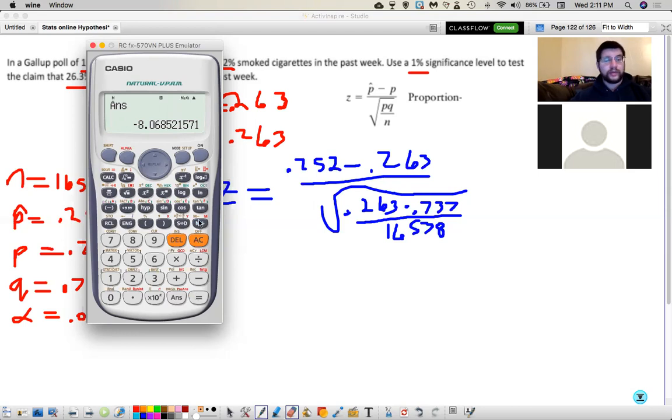Okay, whatever. I'm just going to retype it in. 0.252 minus 0.263 over square root with a fraction, 0.263 times 0.737 over 16538. Okay, that's quite a bit more reasonable. I don't know what happened that first time. Negative 3.2170.